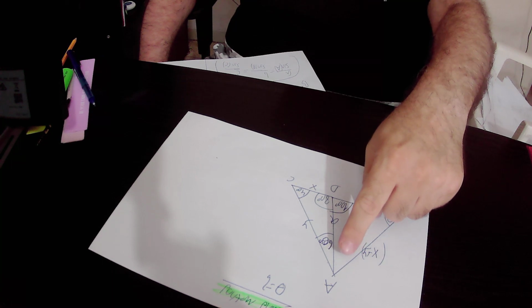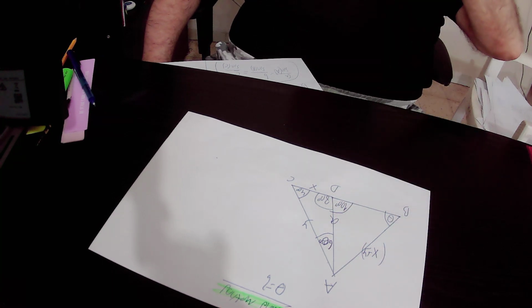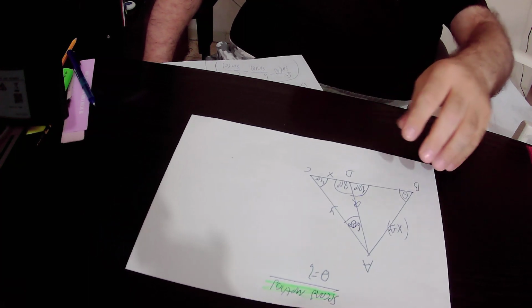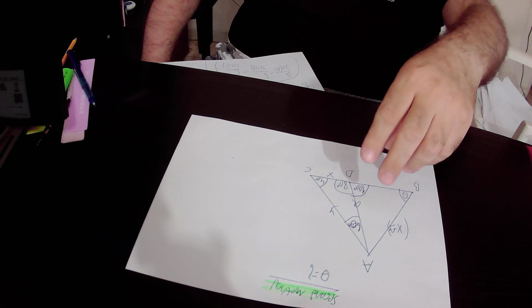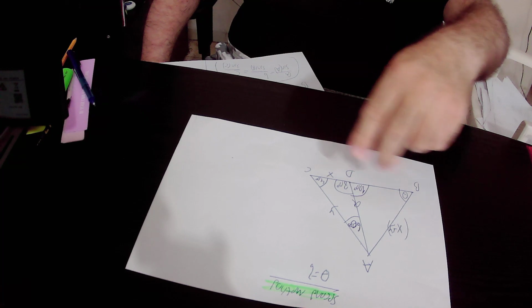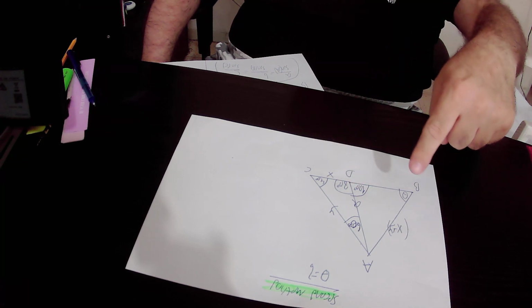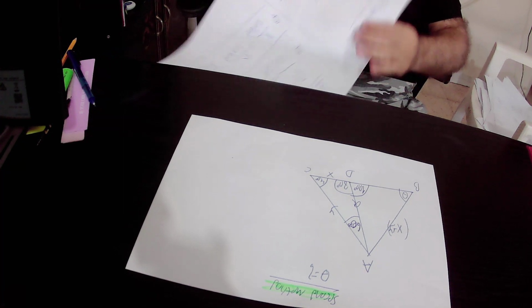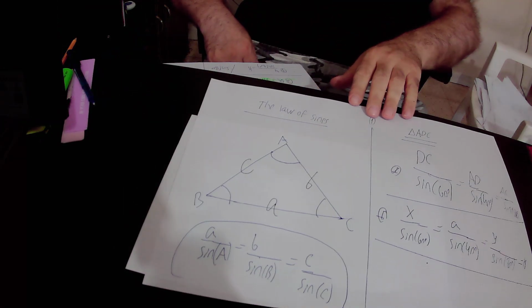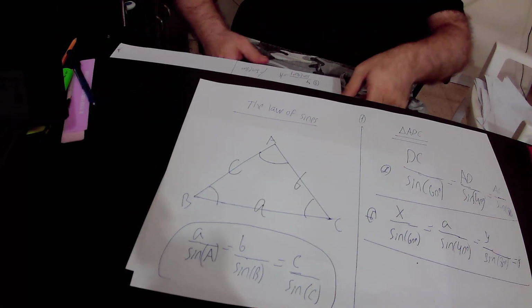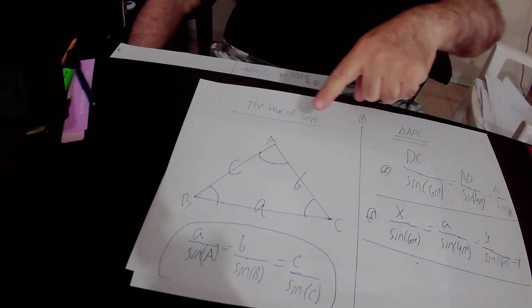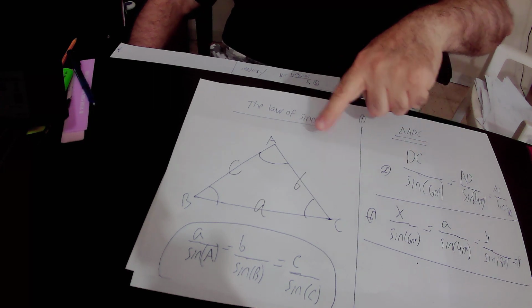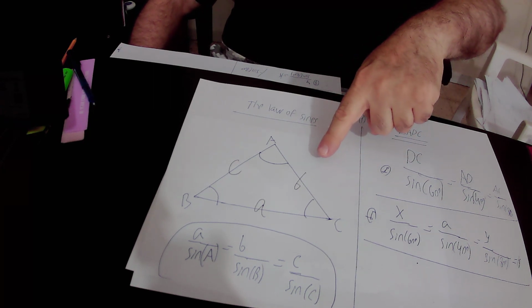Then we defined angle AD as A. And then I presented to you the law of sines, and we implemented the law of sines on triangle ADC and triangle ABD. So what is the law of sines? The law of sines is true in any triangle. So here we have triangle ABC that could be any triangle. Side AB equals C units, side BC equals A units in length, and side AC equals B units in length.